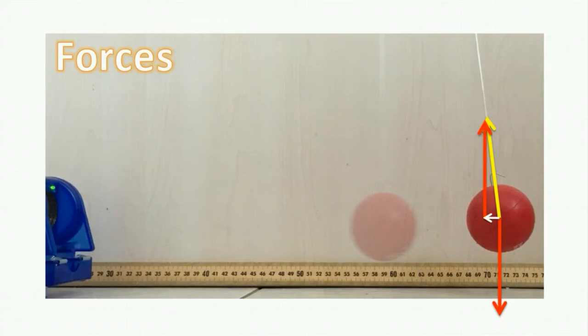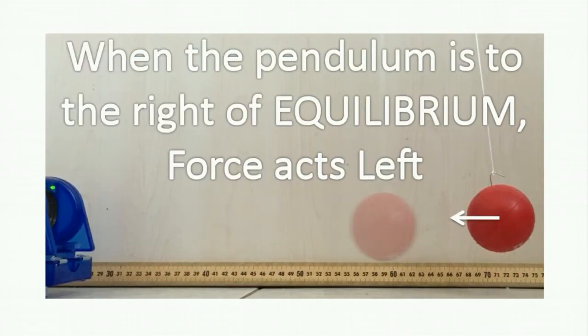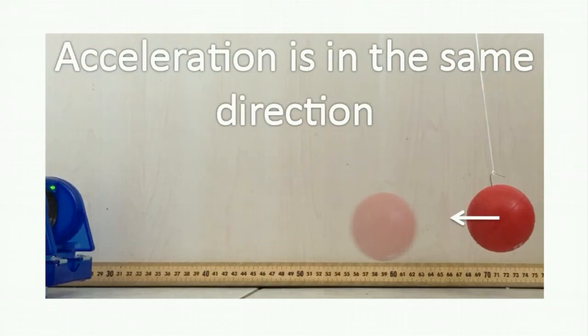Breaking tension up into its components and focusing in on the vector that's white, when the pendulum is to the right of equilibrium, the force acts towards the left. And remember, acceleration is in the same direction as the force. So yes, it makes sense that it's negative. When we're to the right, which is a positive value for position, the force acts towards the left.